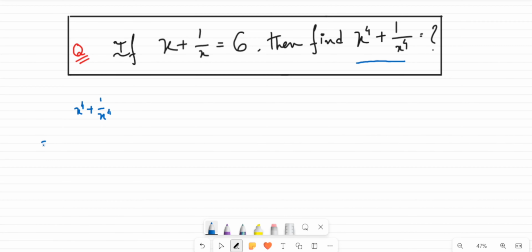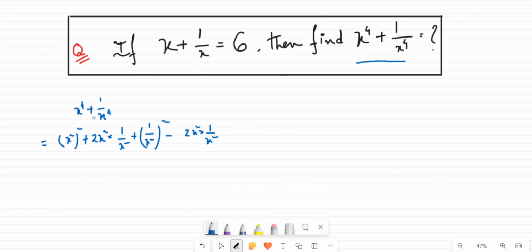If we derive this, we can find (x square) whole square plus 2 into x square into 1 by x square plus (1 by x square) whole square minus 2 into x square into 1 by x square, right?